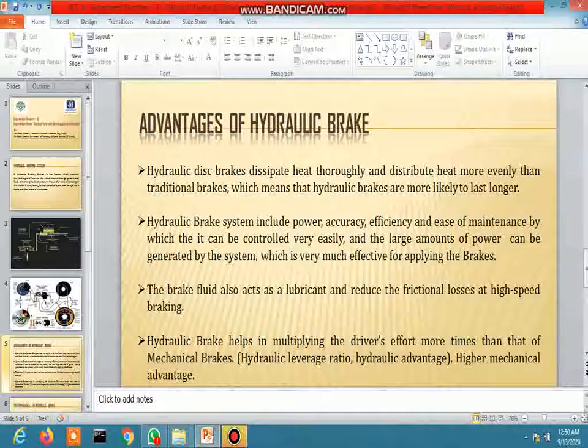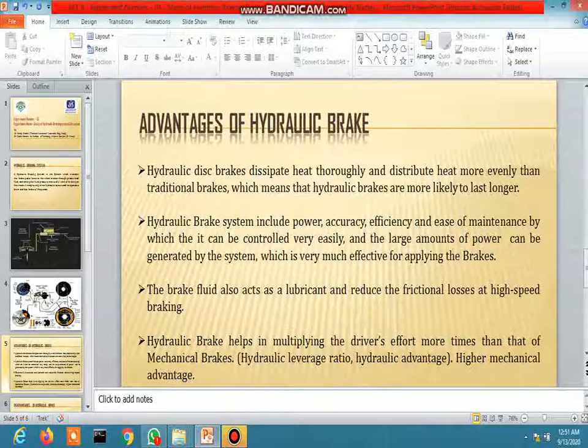Second, the hydraulic brake system offers power, accuracy and efficiency, and ease of maintenance, by which it can be controlled very easily, and a large amount of power can be generated. The brake fluid also acts as a lubricant and reduces the frictional loss at high speed braking. And last of all, the multiplication of driver effort.